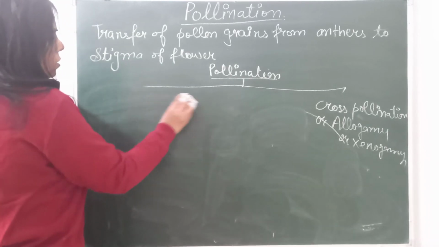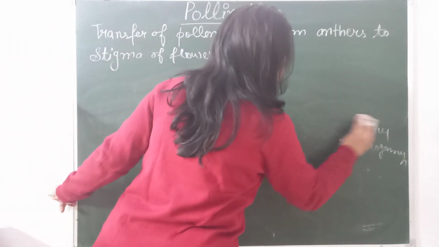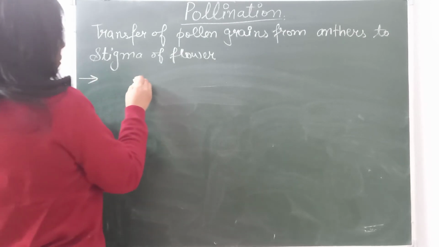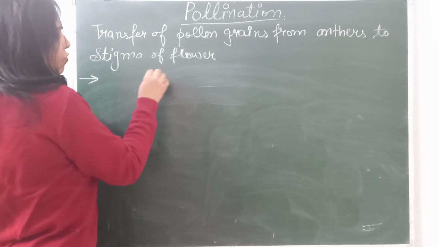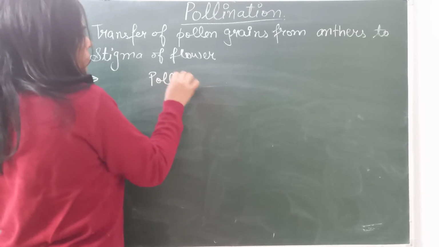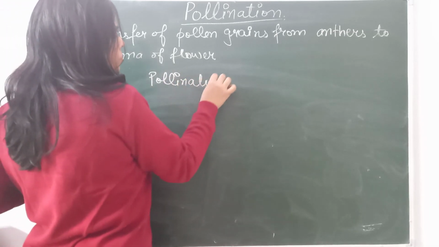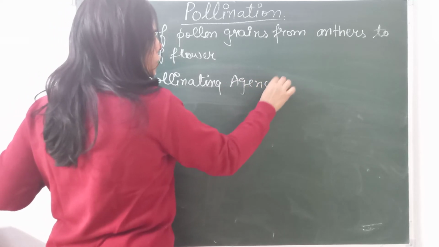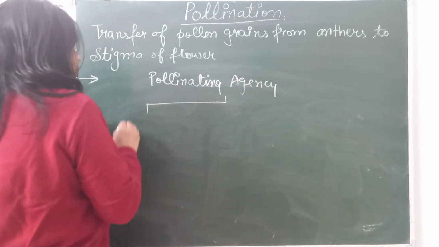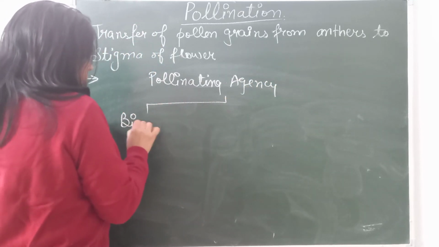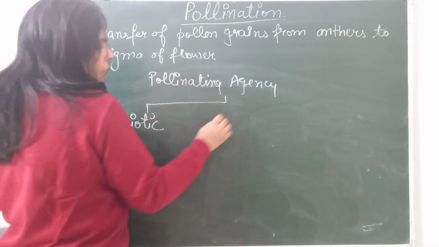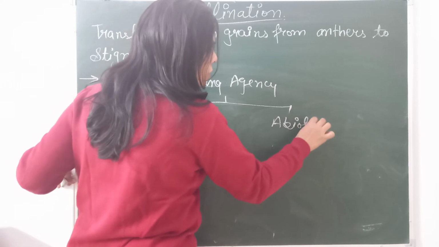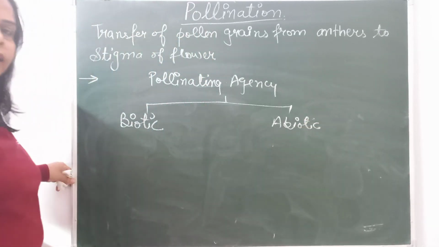Now let us see what are those factors which are responsible for this cross pollination. Let me tell you what are the pollinating factors. Pollinating agencies बोल दो, factors बोल दो, ठीक है. They can be biotic factors and there can be abiotic factors, right?